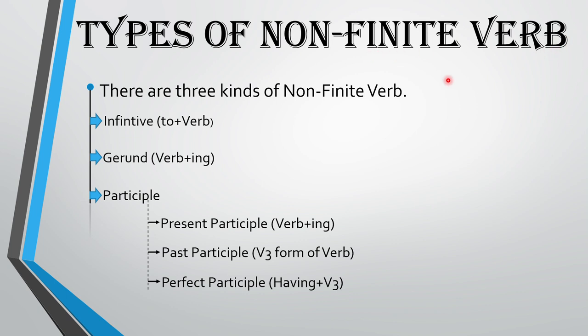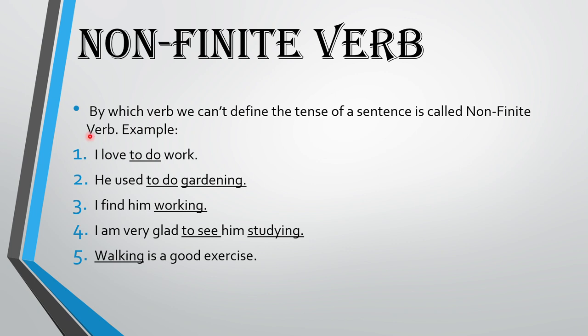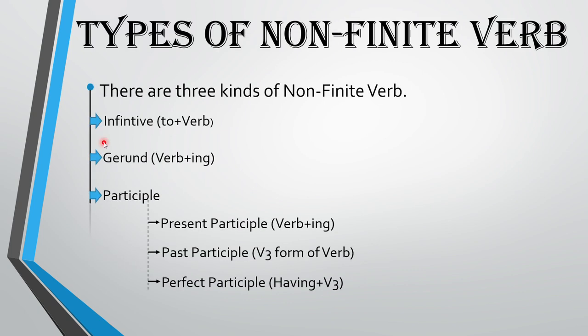Types of non-finite verb. It is very important for us. There are mainly three kinds of non-finite verb. They are infinitive. Infinitive means to plus the base form of the verb. Like we see in this, to do is an infinitive. Then gerund means verb plus ing. Then participle.